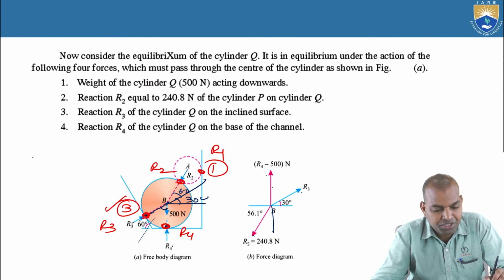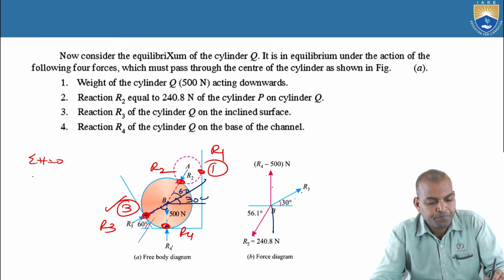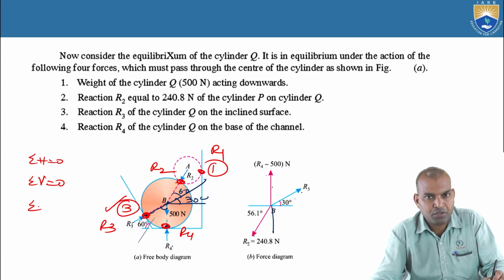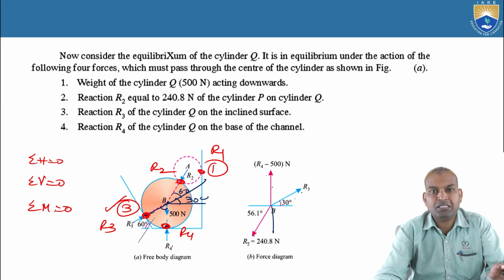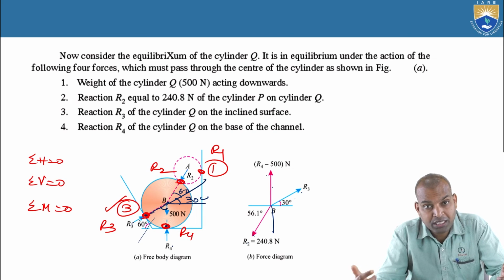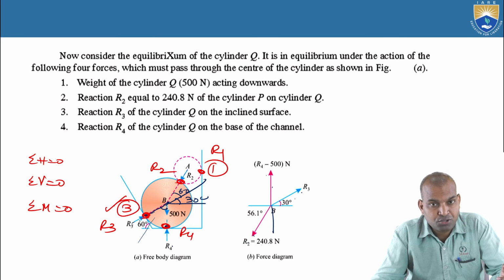So we can also apply equilibrium equations. The equilibrium equations are sigma h equal to 0, sigma v equal to 0. We can also apply, but I use Lami's theorem in this session, because only 3 coplanar concurrent forces are acting, 3 forces. If more than 3 forces are there, we can't use Lami's theorem.